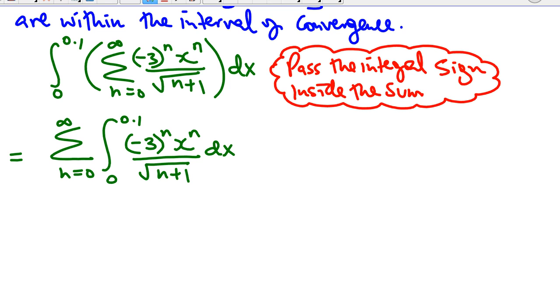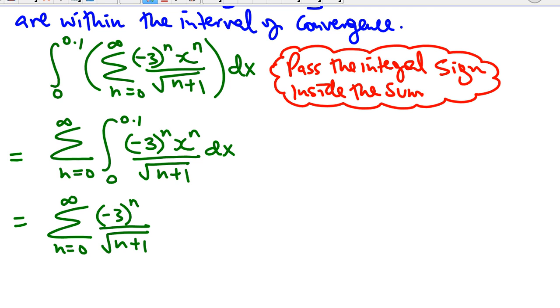So I can simplify this to the sum from n equals 0 to infinity of negative 3 to the power n, but now what I'm going to do is integrate this bit.